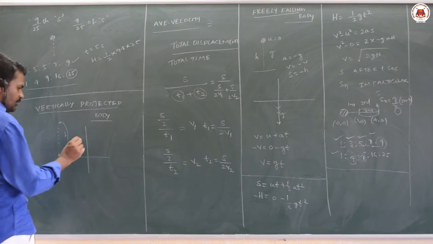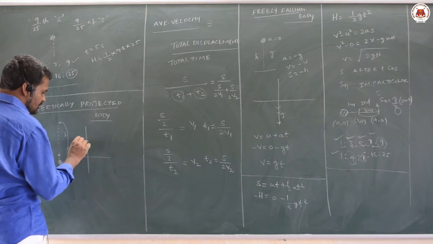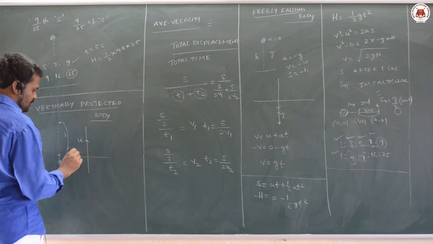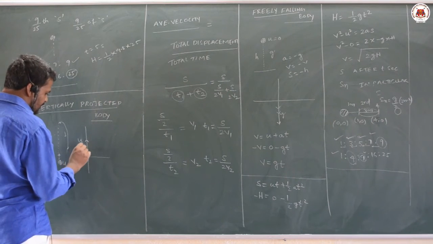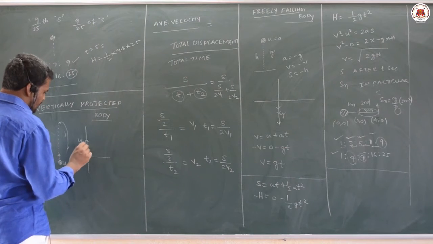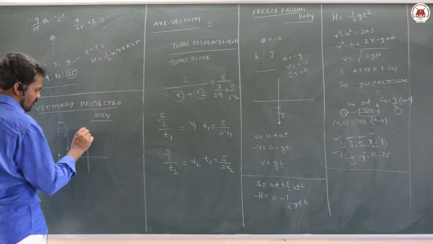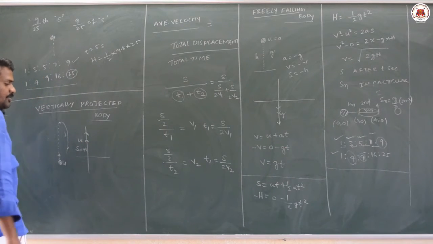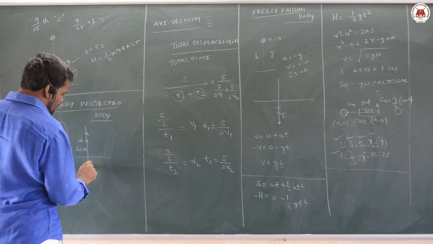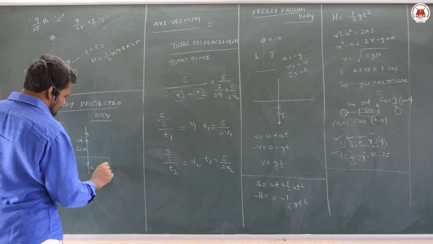Sign convention is very important. Initial velocity is in the upward direction, displacement is also upward, that is height is also upward, and final velocity is also in the upward direction at the time of projection. So, you fix the coordinate system, acceleration is acting in the downward direction.